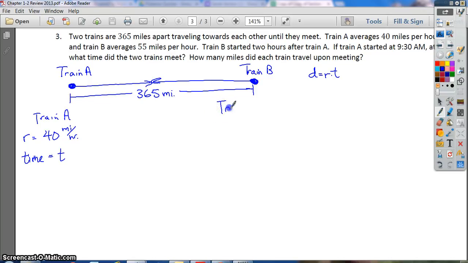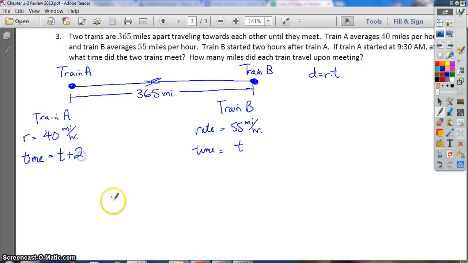Let's talk about train B at this point. You do know the rate for train B. That one's traveling at 55 miles per hour. Time again, we'll say t, which we don't know. But what we do know, in comparison to train A, train B started 2 hours after train A. So either you can subtract 2 from this and be in a negative frame set, but I would rather say, okay, well, train A had a 2-hour head start.